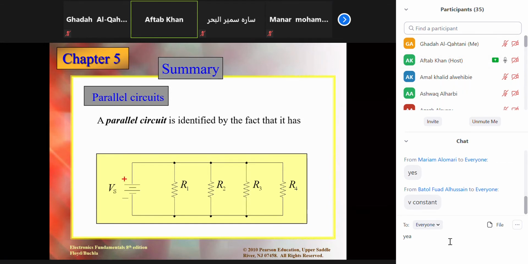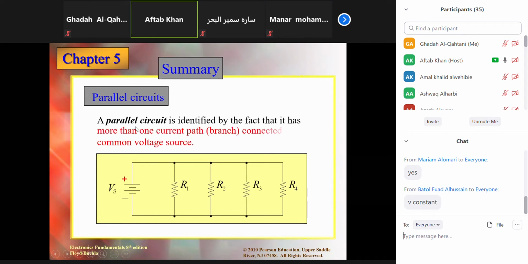Now, in a parallel circuit, V is constant everywhere. Batul, you are right. A parallel circuit is identified by the fact that it has more than one current path or branch connected to a common voltage source.